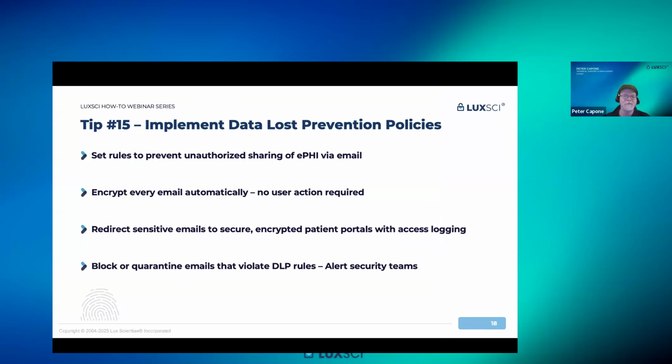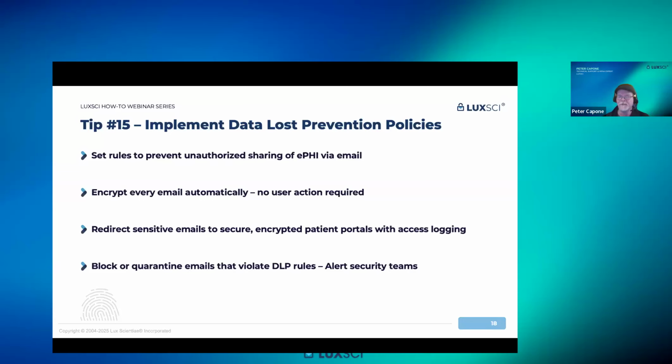You want to set up DLP rules to prevent unauthorized sharing of PHI. Like if there shouldn't be social security numbers in emails coming from this person, you can set up a rule to that effect so that it gets quarantined and a notification goes out to an email address so it can get reviewed. You want to make sure that emails are encrypted automatically.